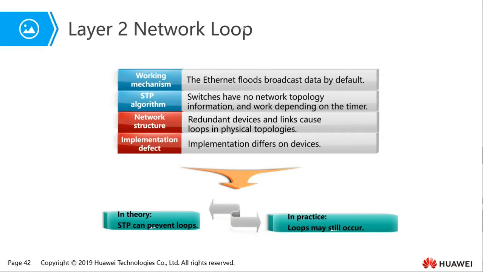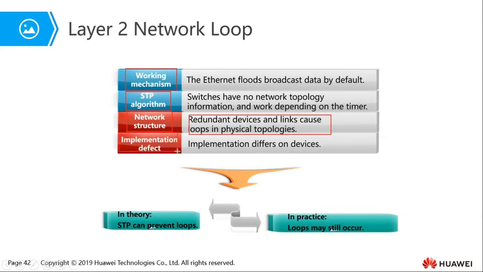So layer 2 network loop. Again, the working mechanism of a LAN is that we have broadcast packets that are shared within a LAN, and because we have redundancy design in our network, then we can have loops. So to prevent loops, we need to configure STP. Now, the network structure, that is what I was saying, we have redundant devices and links which cause loops.